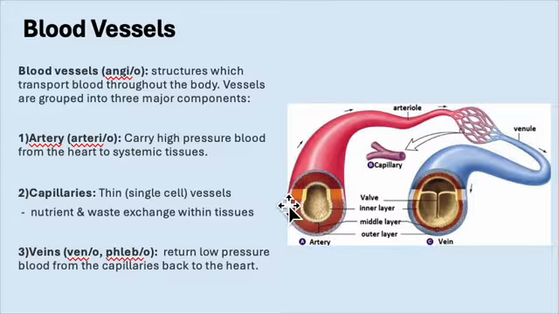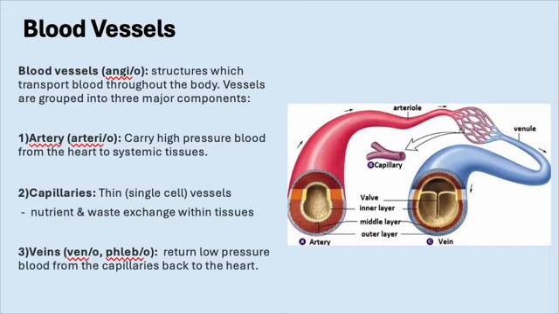Specifically, the middle layer that makes up an artery, which contains muscle and elastic tissue, is much thicker in an artery than it is in a vein. The lumen, or the inner space of these vessels, is typically smaller and more round in an artery compared to a vein, because these arteries have a thicker muscular layer here.